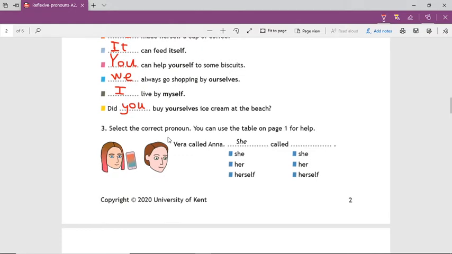Okay, brilliant. Next up, we have to select the correct pronoun, and you can use the table on page 1 for some help. Next, for the first example, Vera called Anne, she called she, so remember the answer is going to be herself. She called herself.